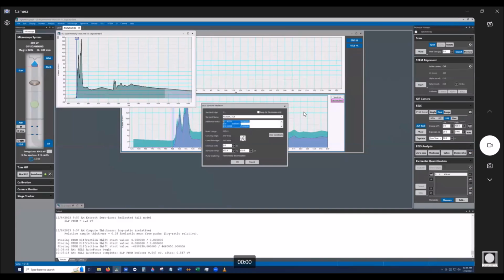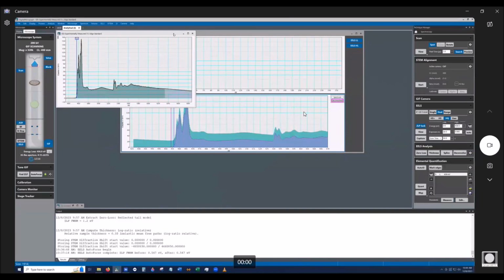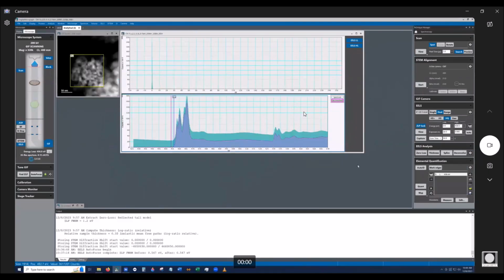How did that happen? Here, let me just, I don't know what happened here. Let me just do another one here. All right, measure, there we go. There's your low loss spectrum.